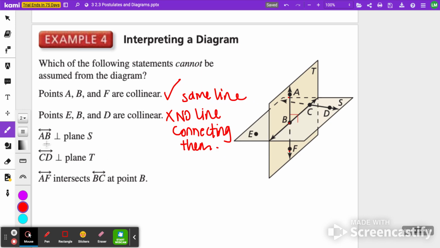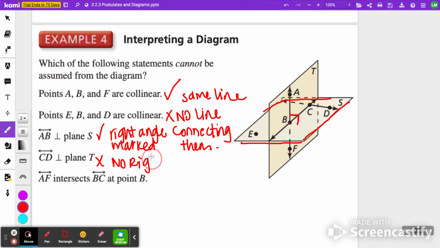This next one says line AB is perpendicular to plane S. Line AB is perpendicular to plane S because if we look at plane S, is here, and there is a right angle indicated. So yes, right angle is marked. Okay, but the next one, it says line CD is perpendicular to plane T, and that one is not because there's no right angle marked.